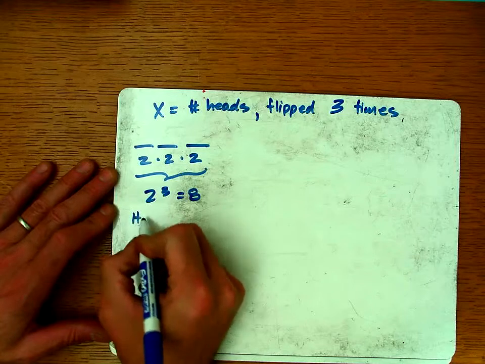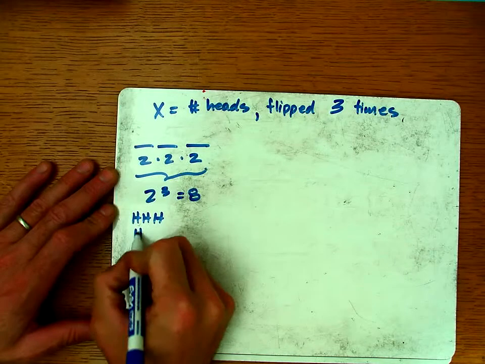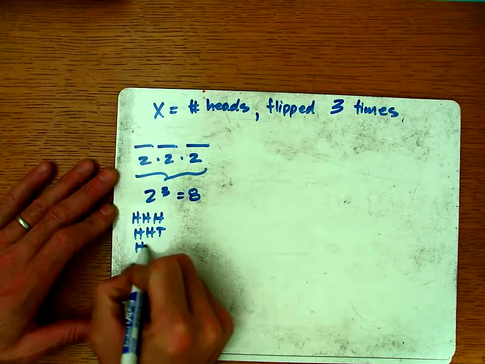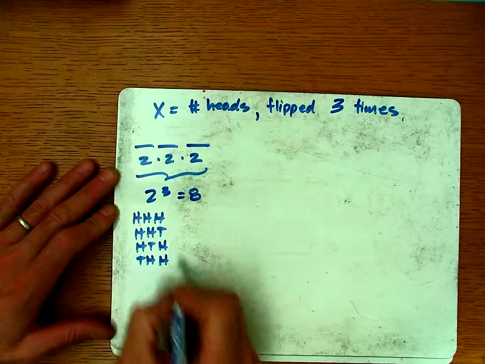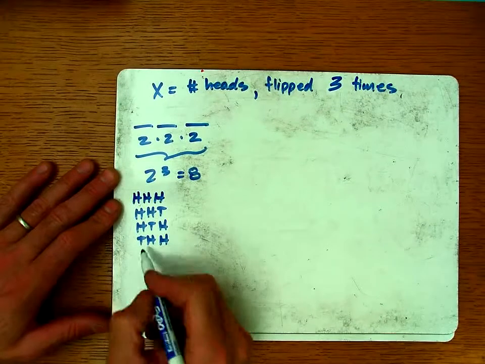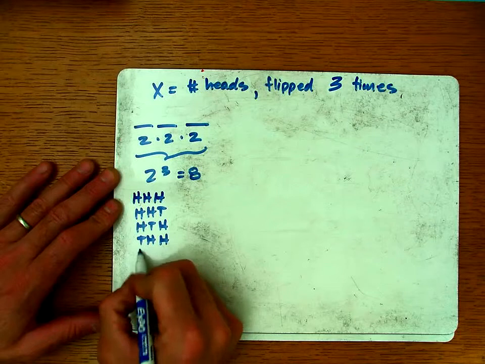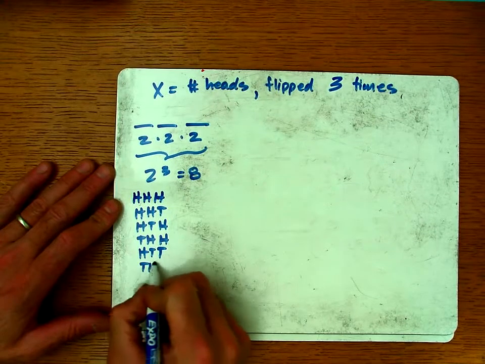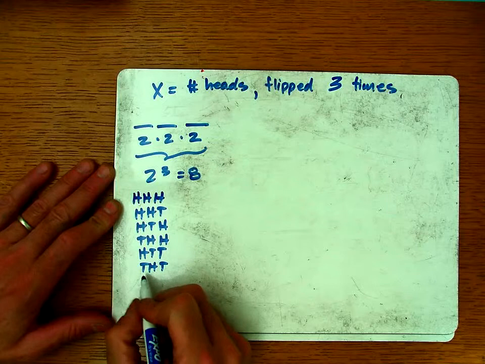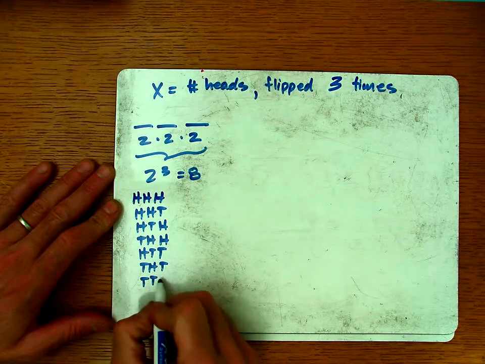So we could have heads, heads, heads; heads, heads, tails; heads, tails, heads; tails, heads, heads. It's 4 of them: all heads, or 1 tail. So let's take a look at 2 tails: heads, tails, tails; tails, heads, tails; or tails, tails, heads.